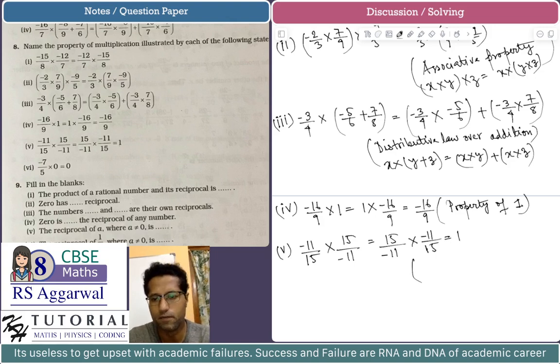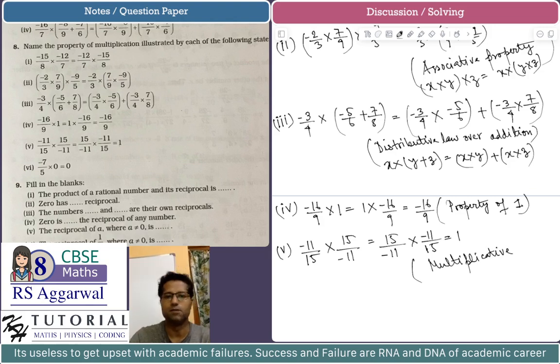This is multiplicative inverse. The product of a rational number and its multiplicative inverse is 1.